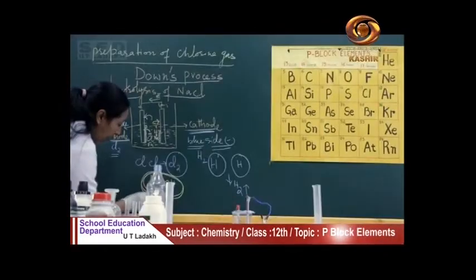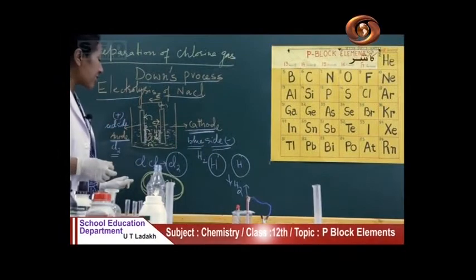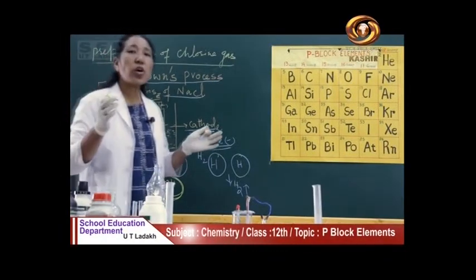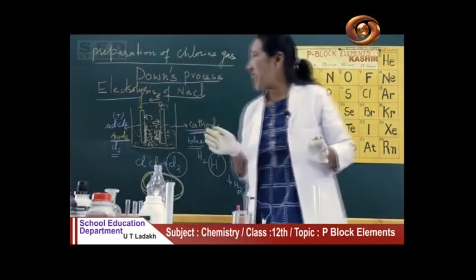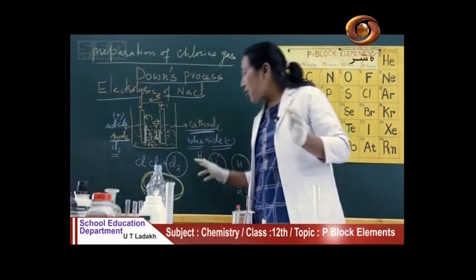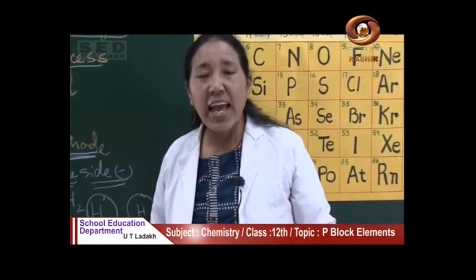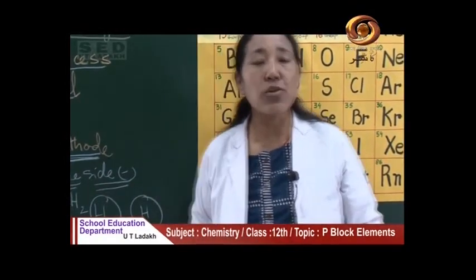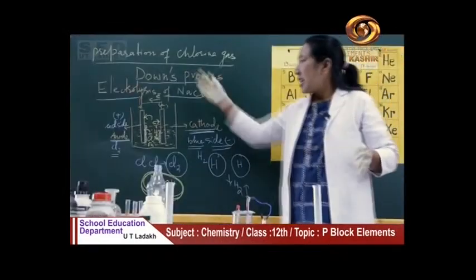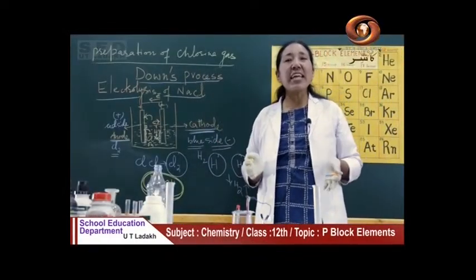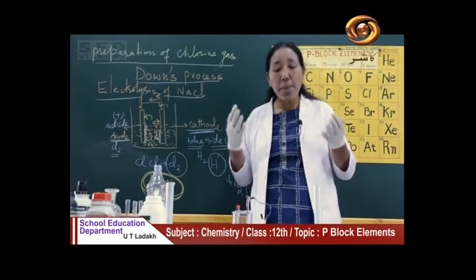We all know that the Downs process is used for various preparations: hydrogen gas, sodium hydroxide, and Cl2 also. That is why this process is versatile in nature and has great application.